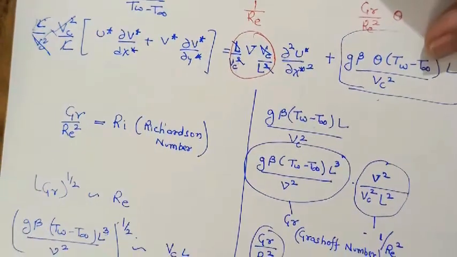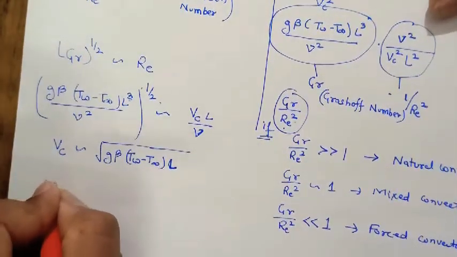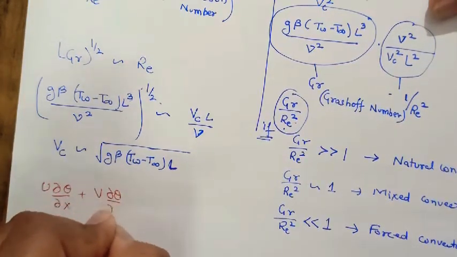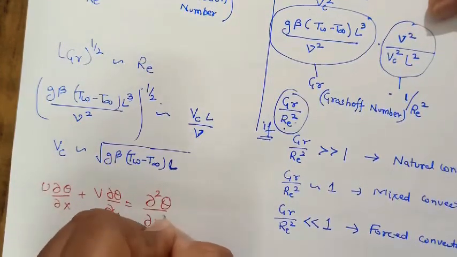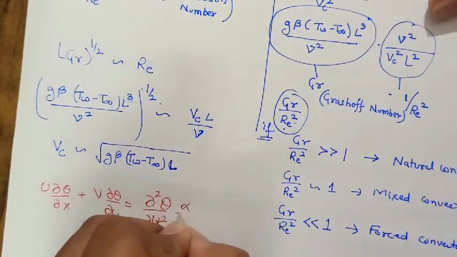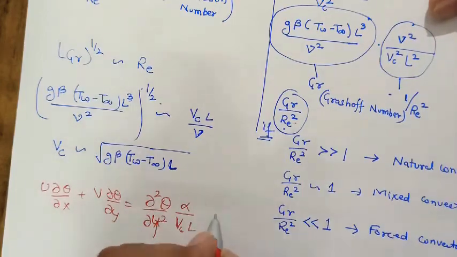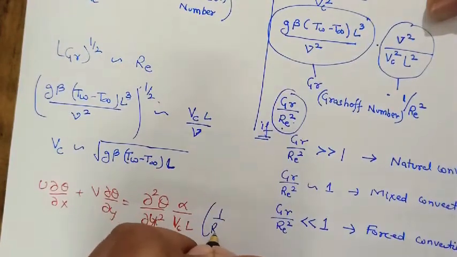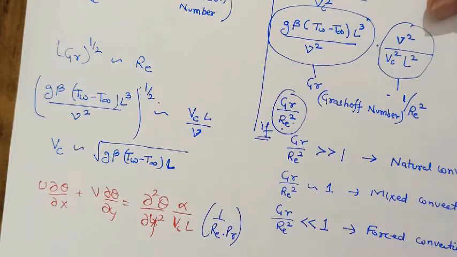And if you write the energy equation from here, it can be written as U d theta by dx plus V d theta by dy is equal to alpha by Vc L times d square theta by dx square plus d square theta by dy square, which is nothing but a function of Reynolds number and Prandtl number, right?